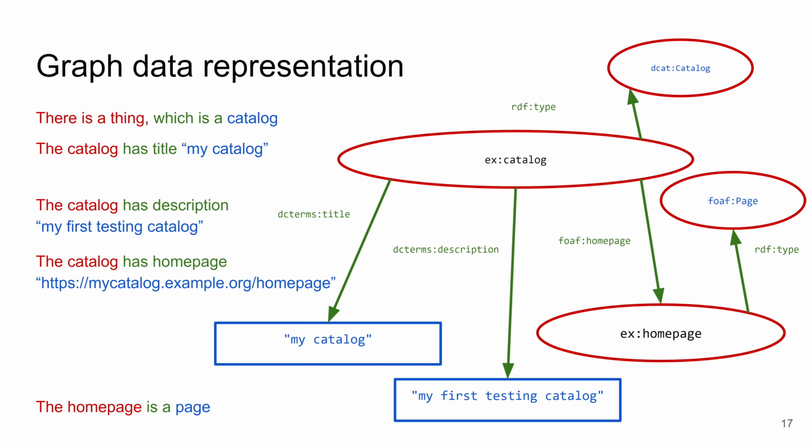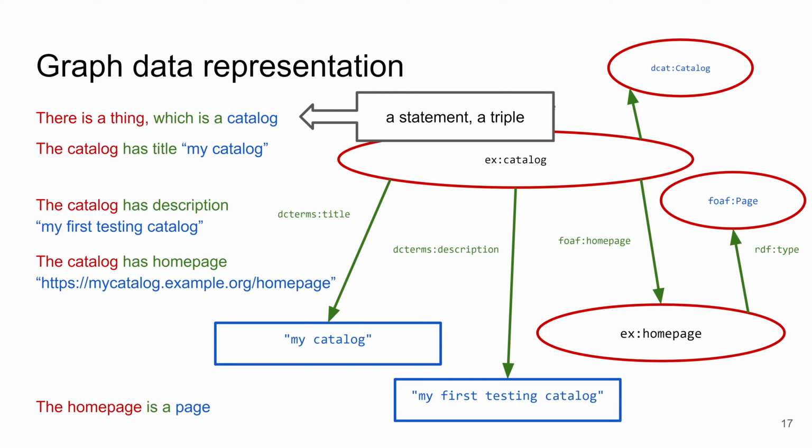I just omit the beginnings of the IRIs and replace them with something more human readable like RDF:, X: or DC terms:, but these shortcuts, the prefixes, stand for the whole beginning of the original IRI. So these two representations still represent the same IRIs. This one is more concise, it's shorter, fits better in the slides, and is used in some RDF serializations, which we will go through later.